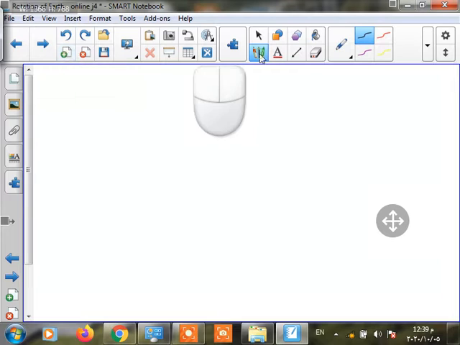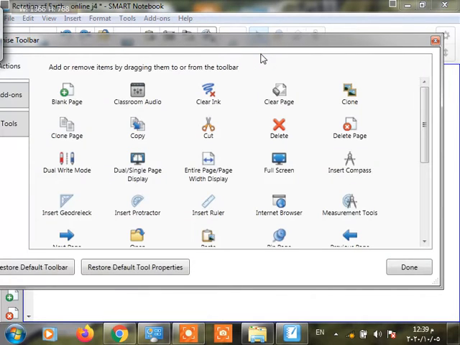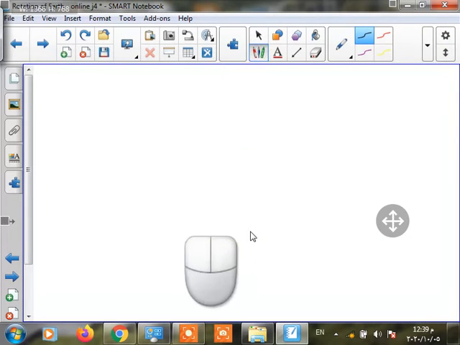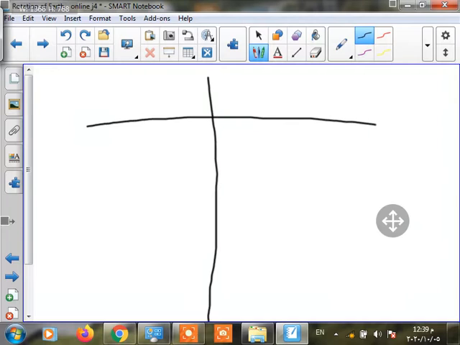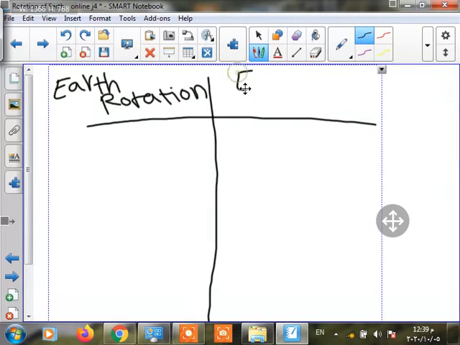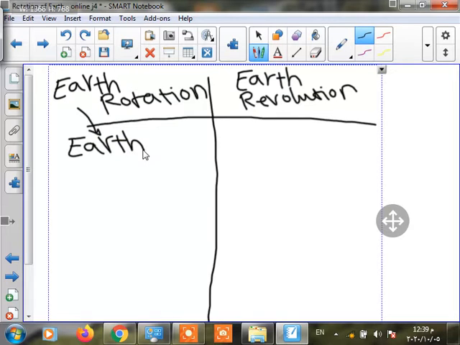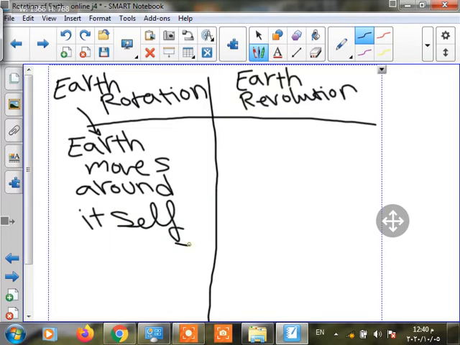So when I have this comparison between Earth rotation and Earth revolution: in Earth's rotation, Earth moves around itself, excellent.